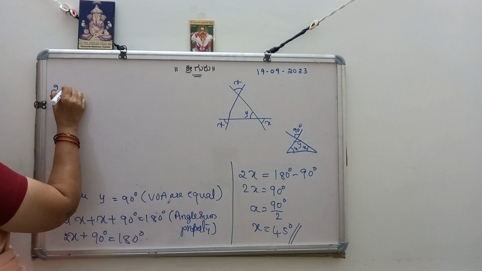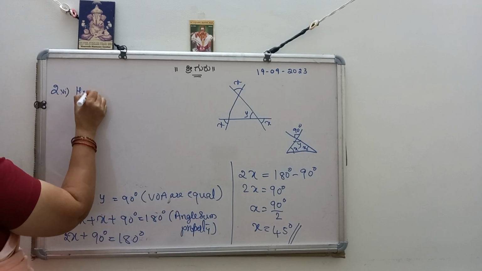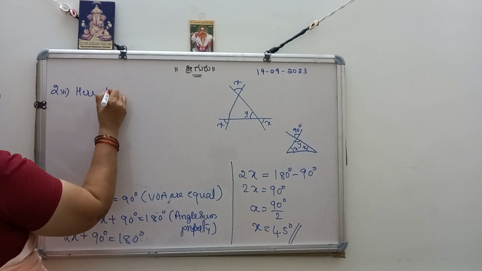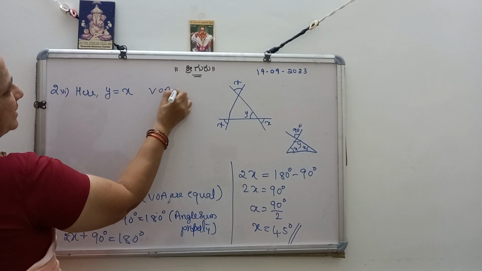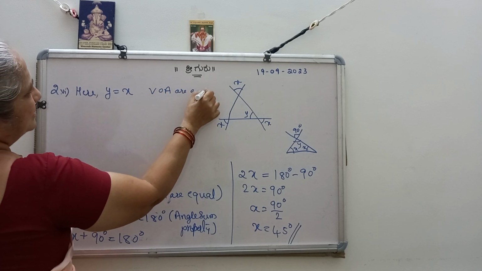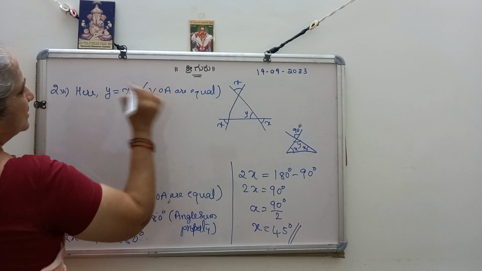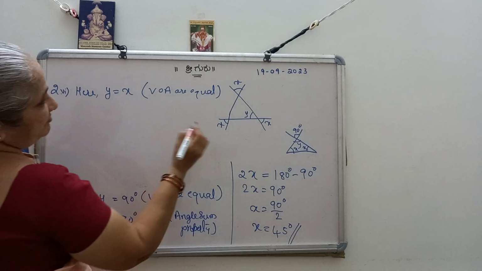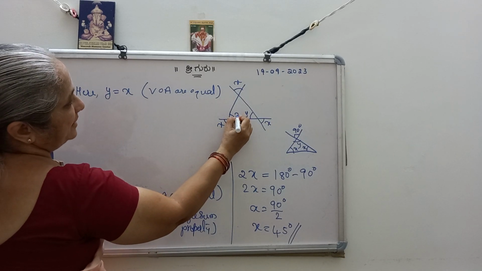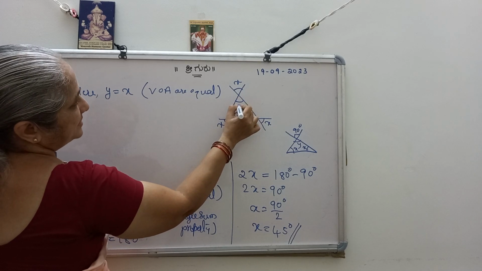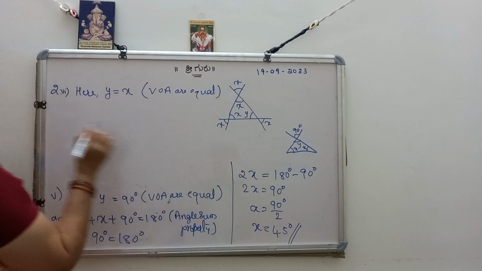Here first we have to find y. y is equal to x. Vertically opposite angles are equal, and this x is equal to this interior angle x, and this angle is also equal to x.